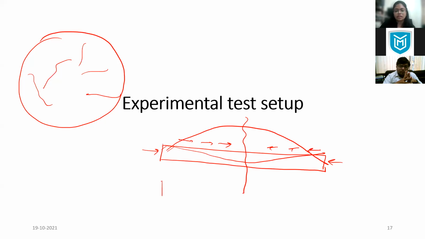You can imagine it like a simply supported beam. What happens to a simply supported beam? A classical simply supported beam will fail at the center. That is what was aimed, that it should fail at the center, so that I can reduce my variables and do the analysis easily.